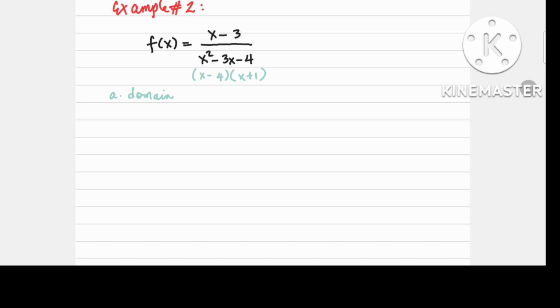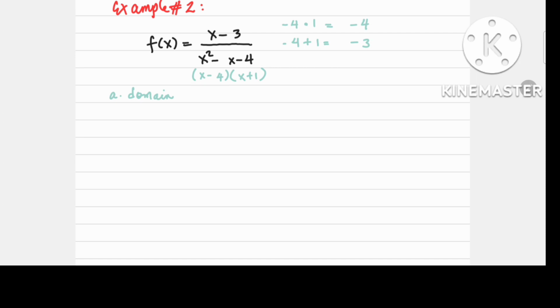These are the factors because when negative 4 and 1 are multiplied, their product is negative 4. This is their product. But when added, they give negative 3. This is their sum. So that is a technique which you can apply if you want to factorize a given quadratic expression.